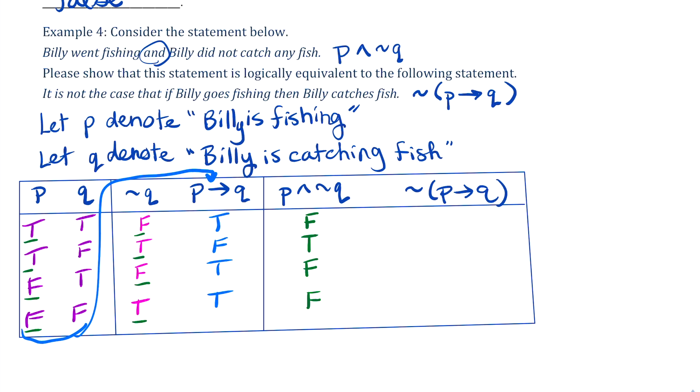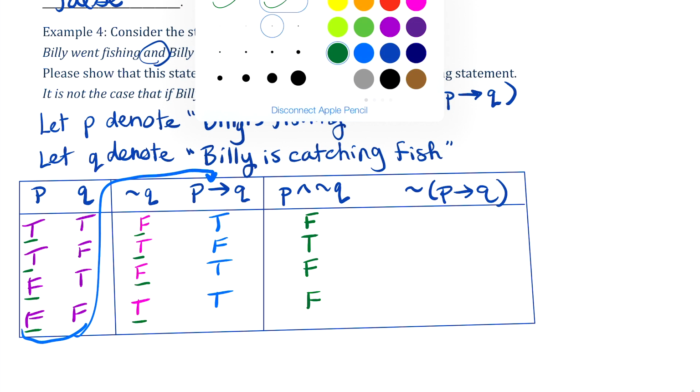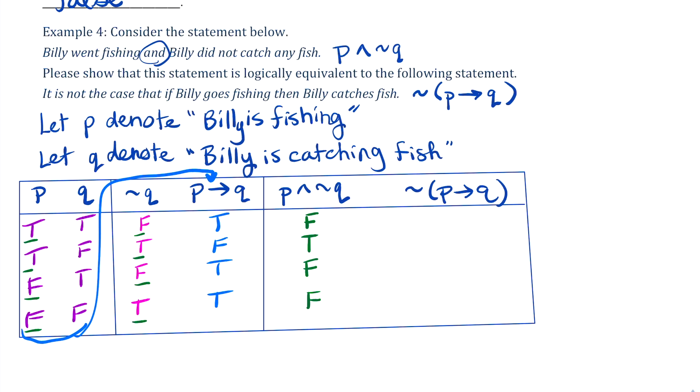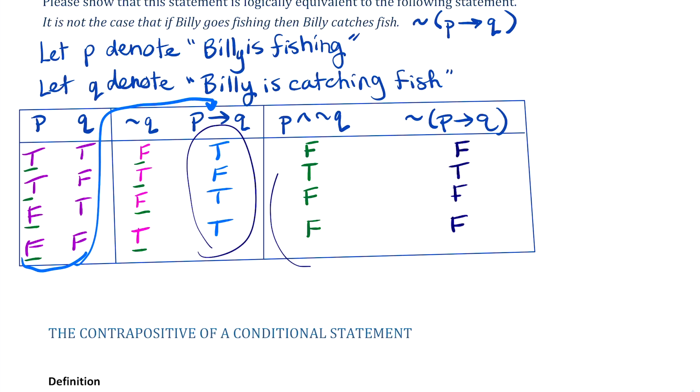Now let's take a look at the negation of if P then Q, that last part. The negation is going to be the opposite of all of these, right? So we would get false, true, false, false. And hey, look at that. Looks like these guys are logically equivalent, right?